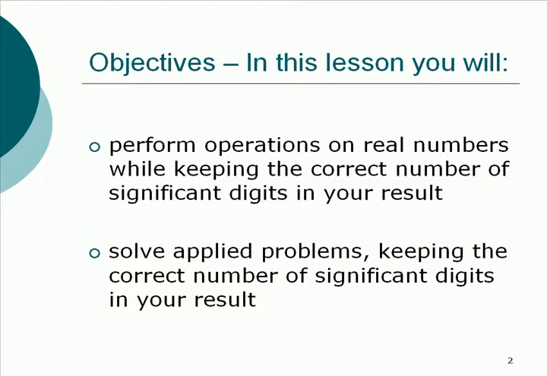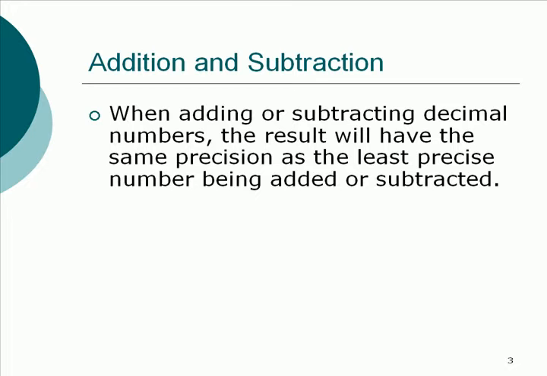Well, that presents us with the rule for addition and subtraction of numbers when working with significant digits. When you're adding or subtracting decimal numbers, your result will have the same precision as the least precise number that you worked with. In other words, your answer can't be any more precise than any of the numbers you were adding or subtracting.